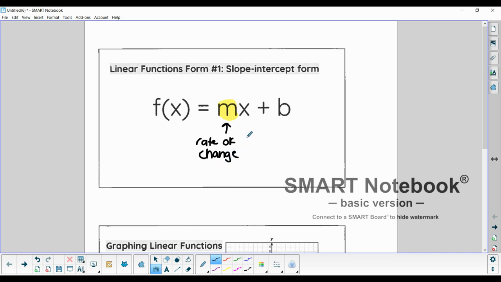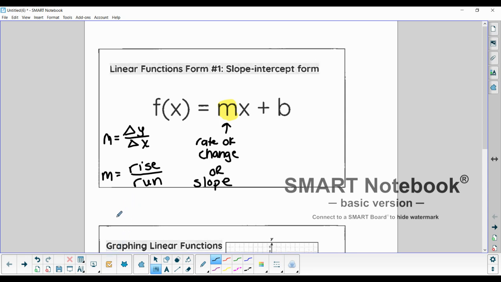Or in this unit, when we're specifically talking about a graph, it's considered slope. And there are two different ways we can think about it. Rate of change is change in y divided by change in x. Or again, when we talk about it on a graph, we talk about it as rise over run.